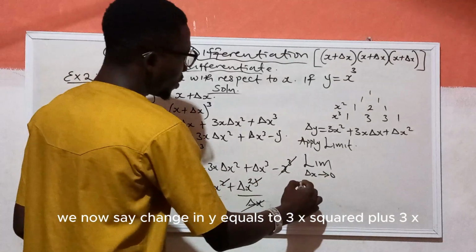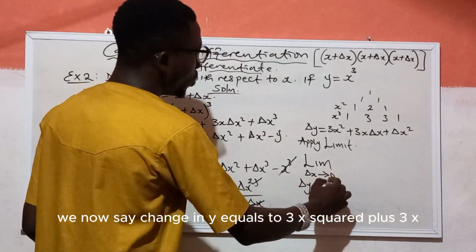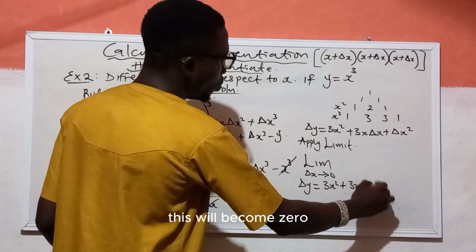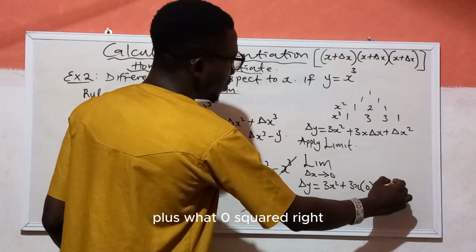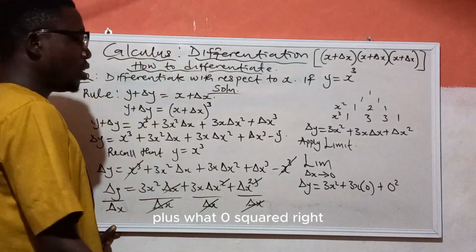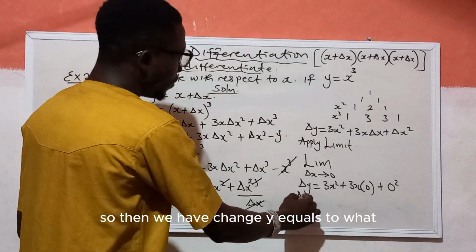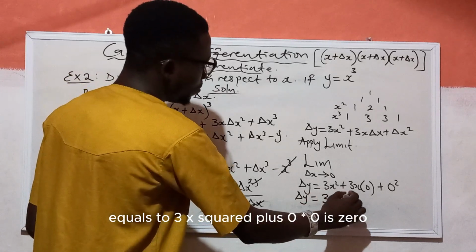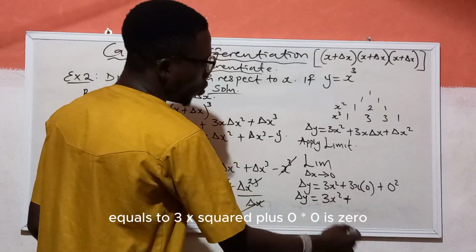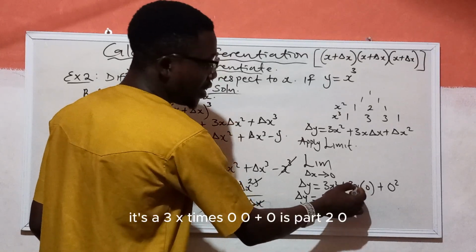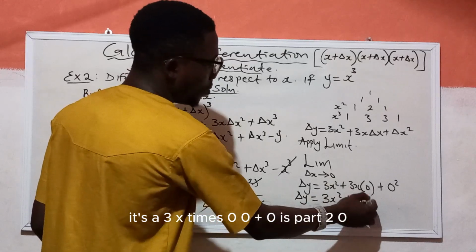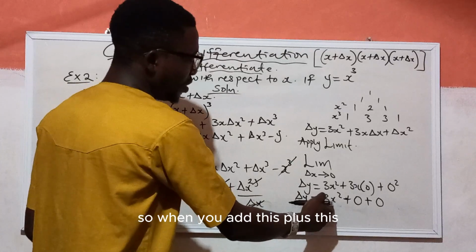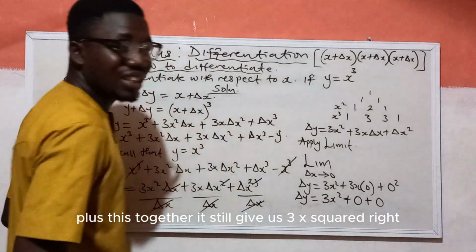So we now say change in y over change in x equals 3x squared plus 3x times 0 plus 0 squared. So we have 3x squared plus 0, since 3x times 0 is 0 and 0 raised to power 2 is 0. When you add these together, it still gives us 3x squared.